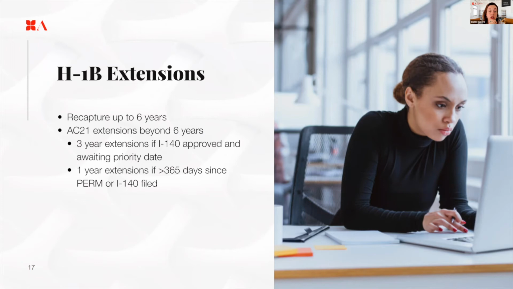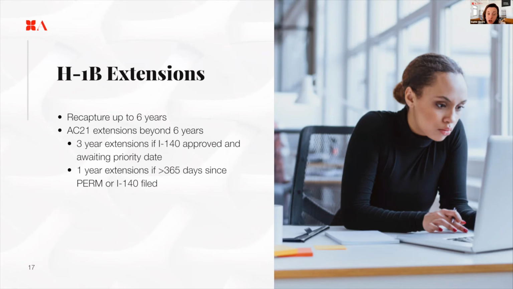So if you've just started the green card process, that's PERM, and you want to make sure that at least 365 days have elapsed since the PERM was filed, or also the I-140 is filed. And if you do that, somebody can get 1-year extensions beyond the 6 years when they renew their H-1B.